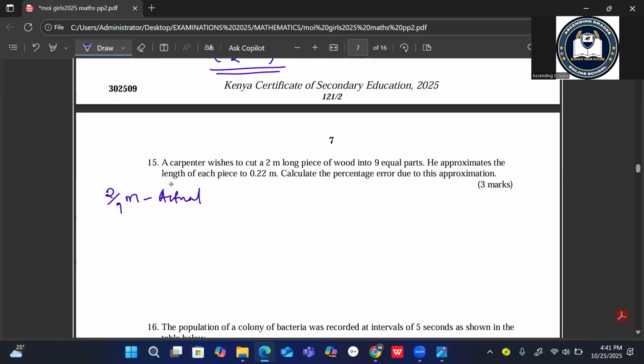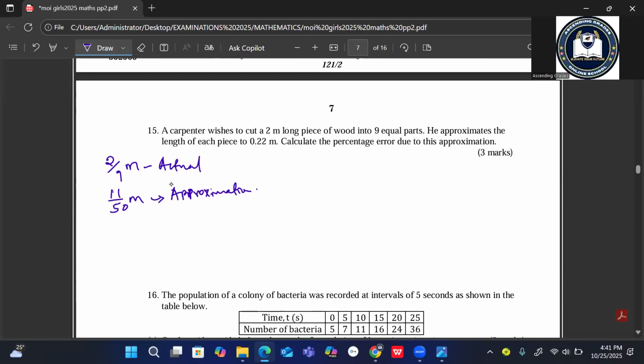Then he approximates the length of each piece to be 0.22 meters, which is the same as 11/50 meters. This is the approximation. So calculate the percentage error due to this approximation.